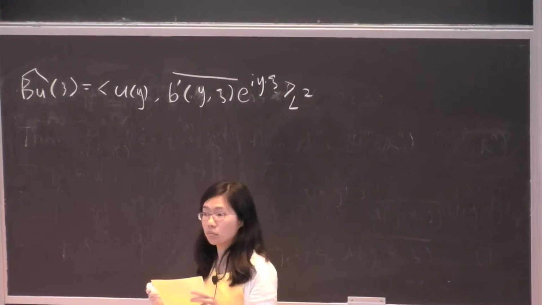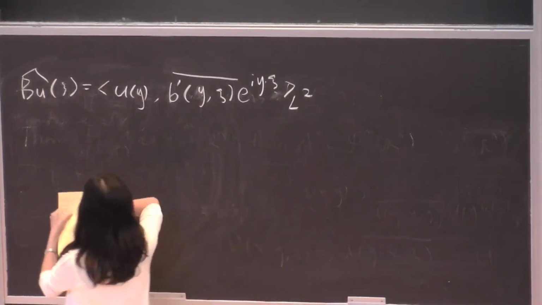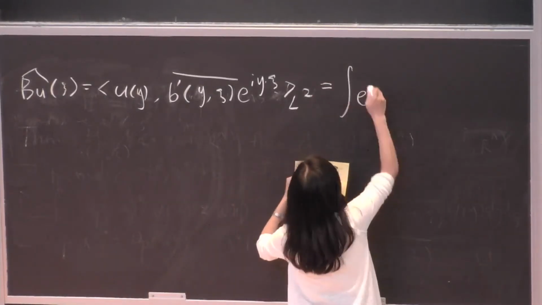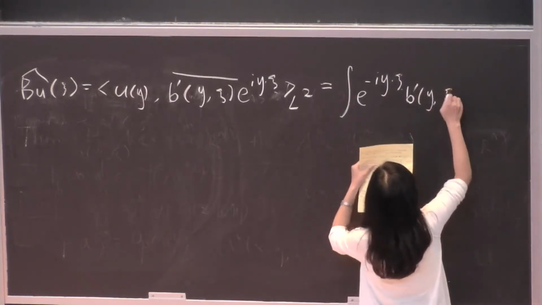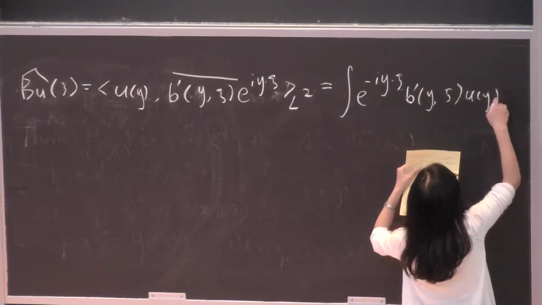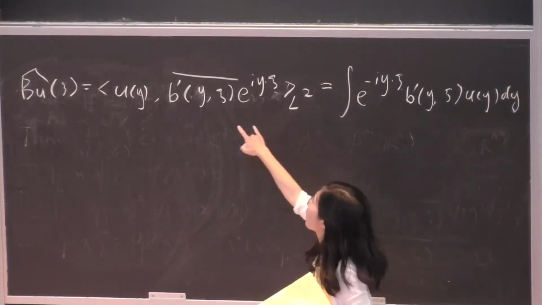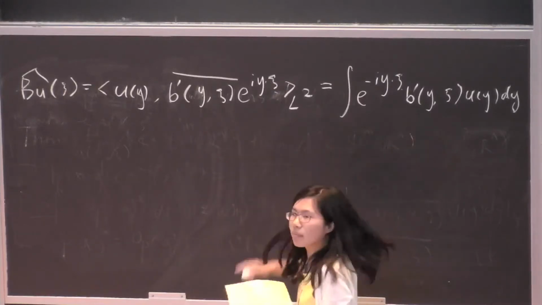All right, so at this point, I'll just write out everything, and you'll see that it just follows by algebra. So the integral of e^(-i y·psi) b prime(y, psi) u(y) dy. And again, because I have a complex inner product here, this bar disappears. All right.